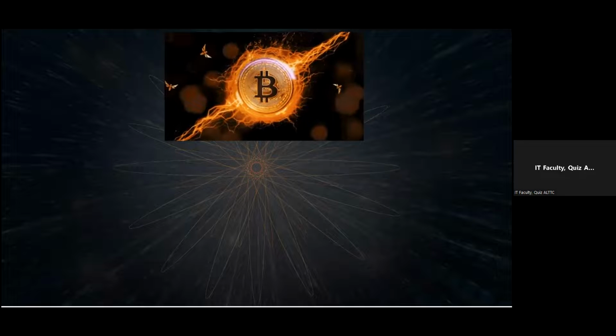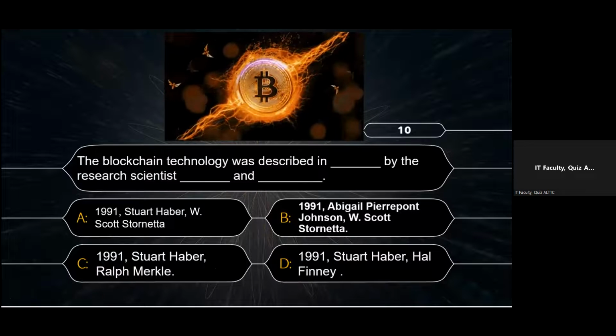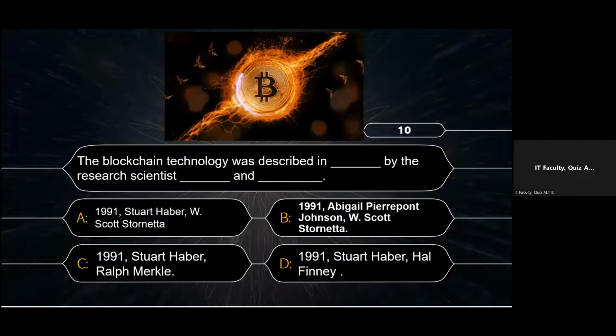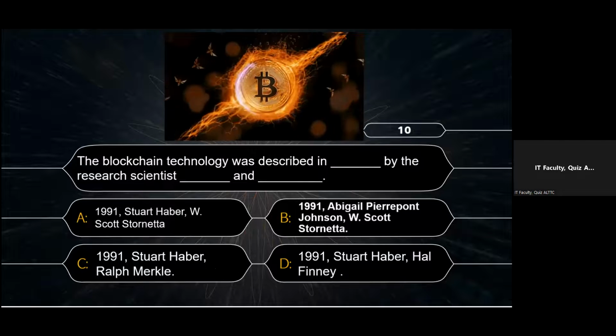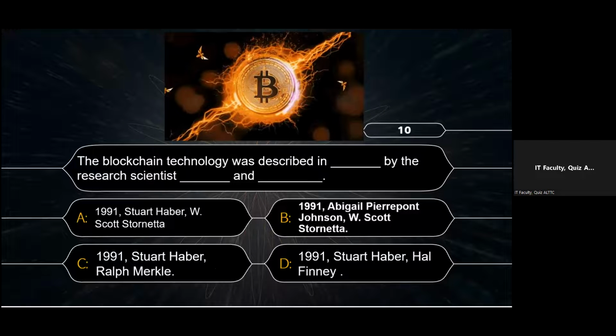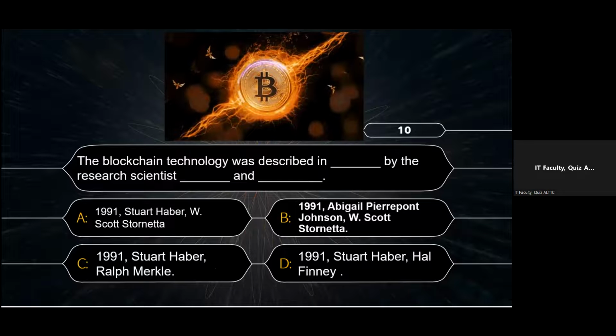Next question is: the blockchain technology was described in dash by the research scientist dash, and you have to give a particular year in which the blockchain technology was described and described by who.